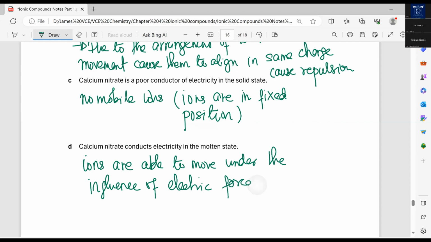Because normally when you apply a potential difference, that will make them move.